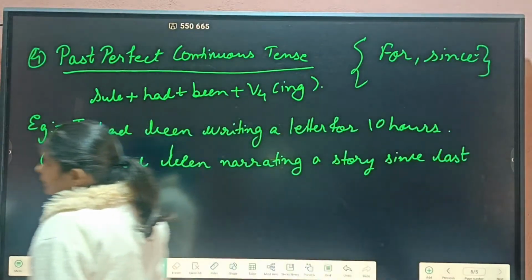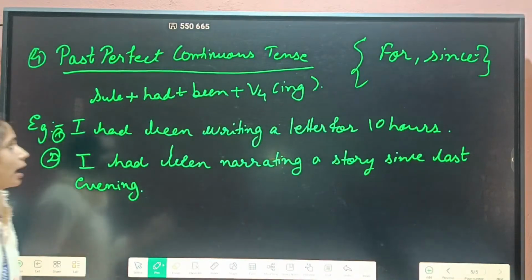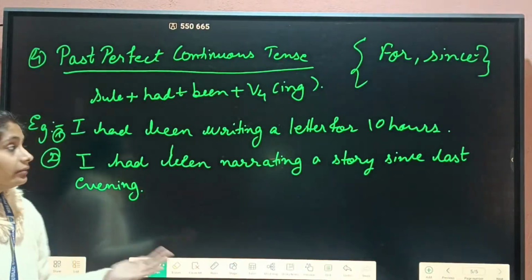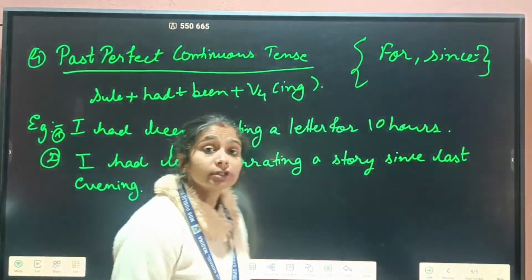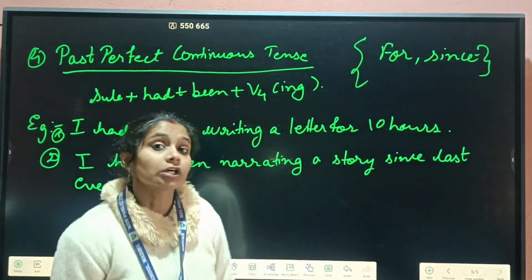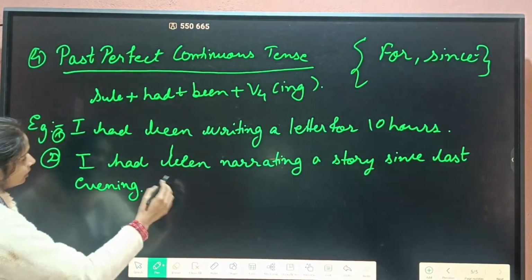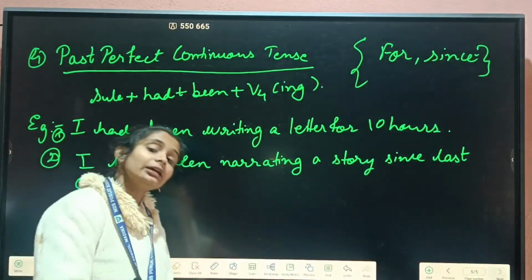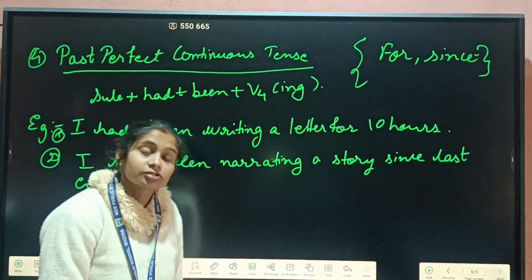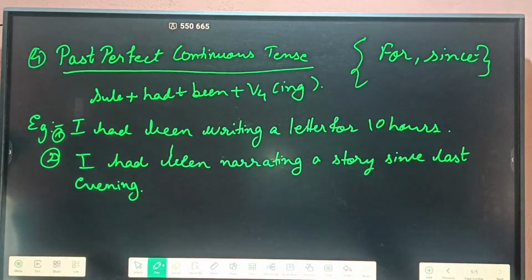Basically since and for are used for indicating the time when our action started. Here he is saying that I had been writing a letter for 10 hours. It means that 10 hours are already gone since I started writing a letter. Then, I had been narrating a story since last evening. Like, last evening I started narrating a story and still it is continuing. So this is our past perfect continuous tense.